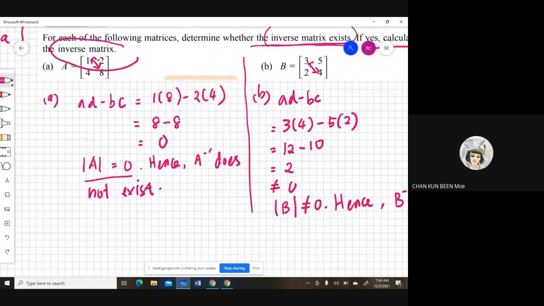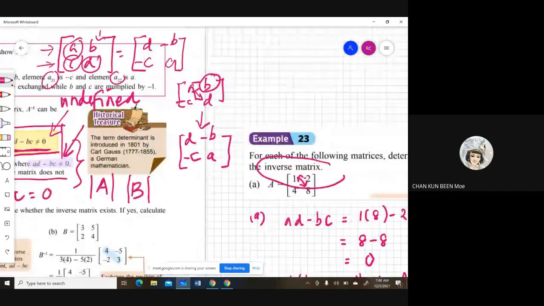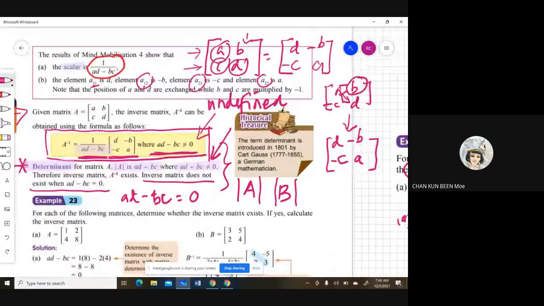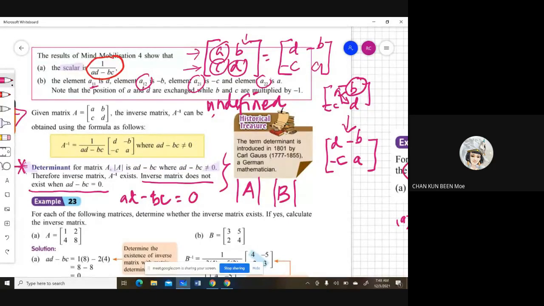How to calculate the inverse matrix? Again, you are going to follow what you have got earlier, this part. The inverse matrix can be obtained using the formula as follows. So you are going to use this formula here.